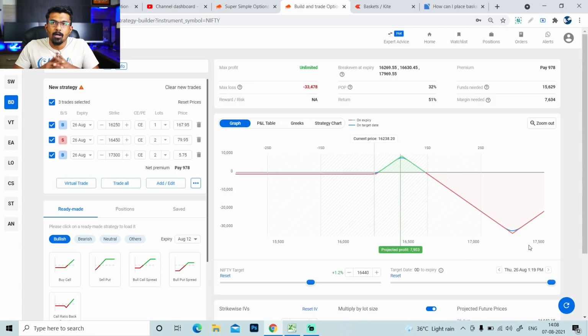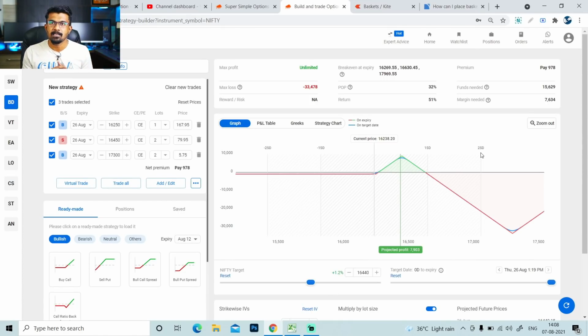Let's say on August expiry, at the end of August, in this ratio spread strategy, the break even is from 16,269 to 16,630. Let's say the market is not moving anywhere as you anticipated. The market has closed within this range, and let's say you are making a profit of around 6,000 or 7,000 rupees.